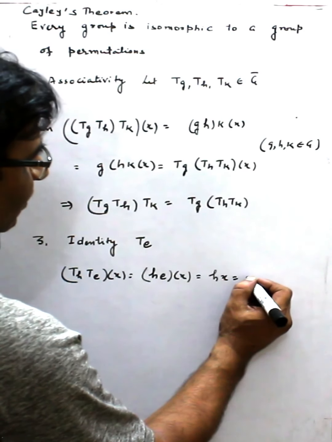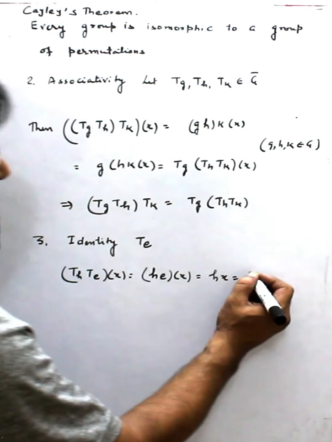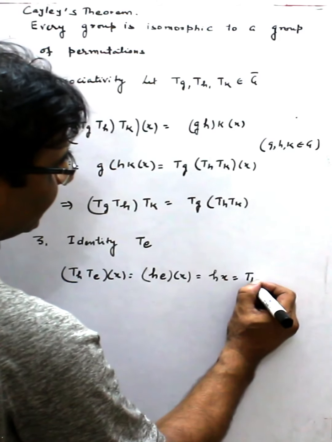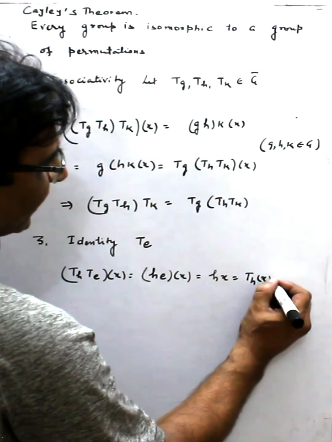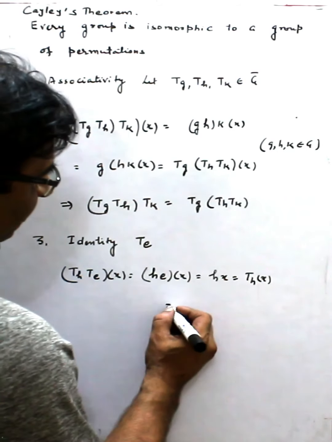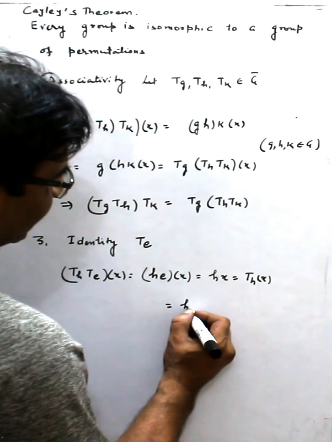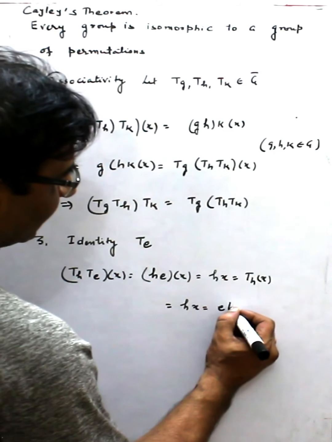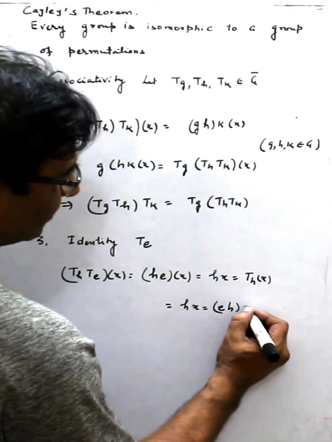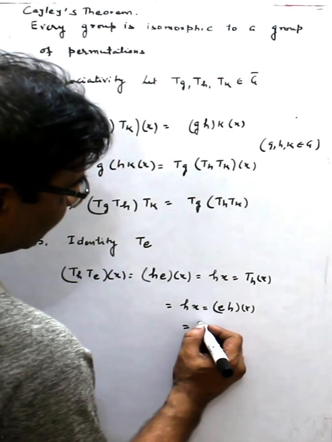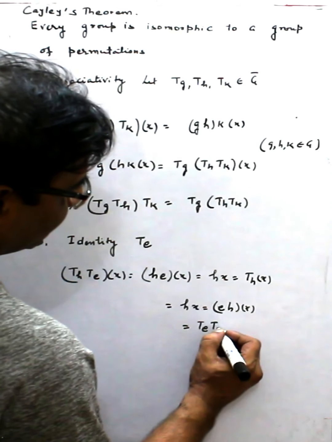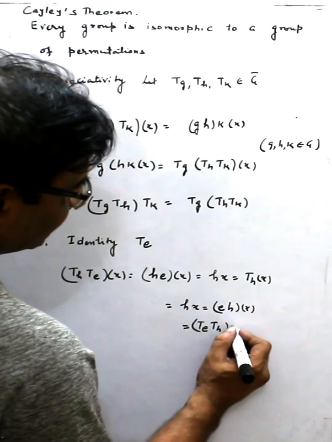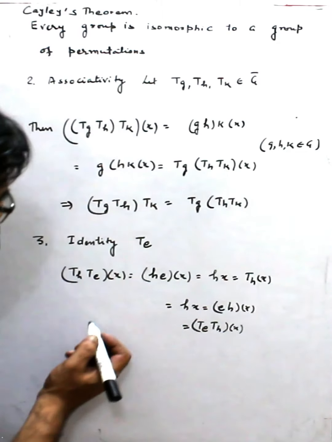So this is equal to Th x, or this I can write as e h x. This means Te Th x.